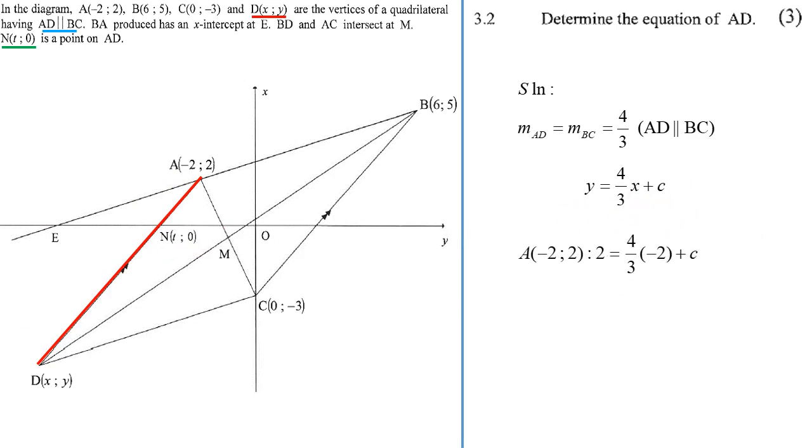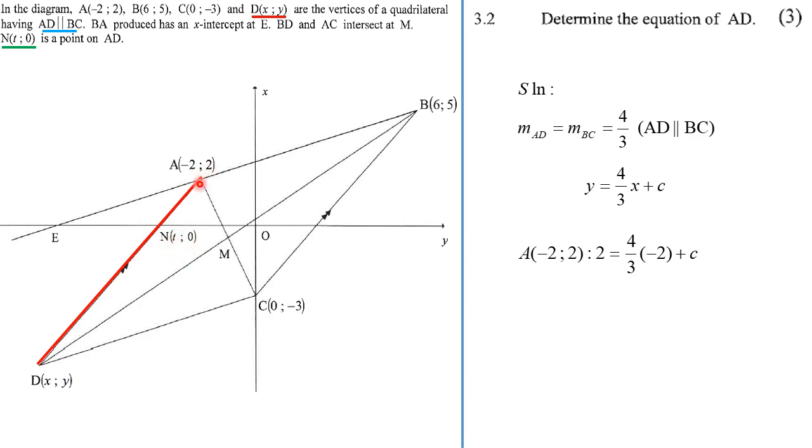Now you substitute. You must indicate which point you are using, because somebody can still decide to say I'm using D. If you use D, then you're going to hang in the air because you don't know the value of x or the value of y. Somebody might say I want to use N because A, N and D are collinear, but with N you have only one value. What are you going to do with t?